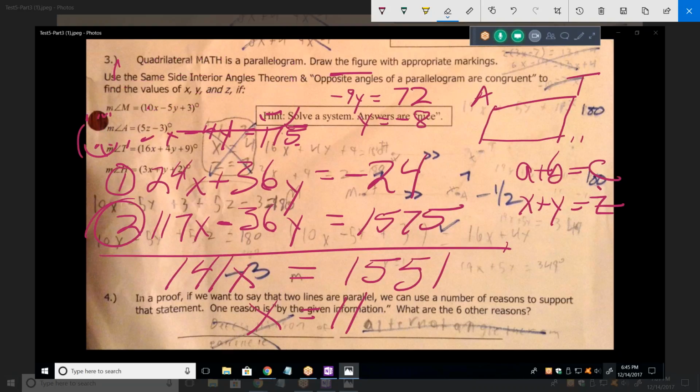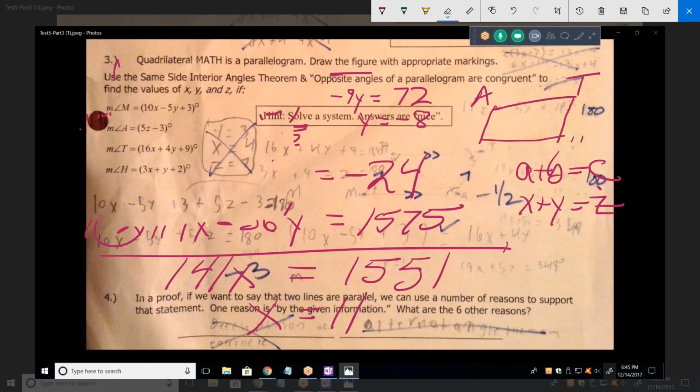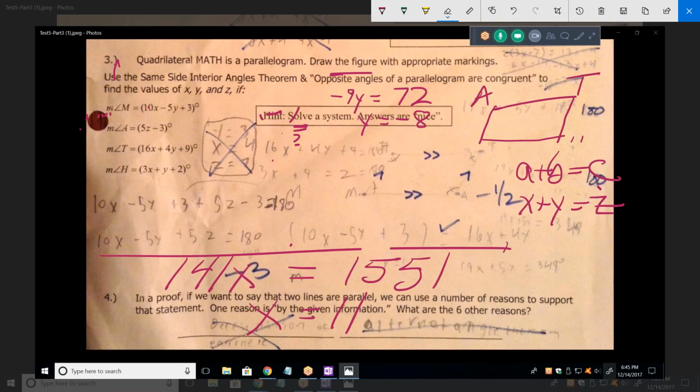The only thing that has z in it is angle A. Well, do we know what angle A is? Angle A is the same as which angle? Angle M. No, angle H. You can see it's not the same as M because I've drawn it.